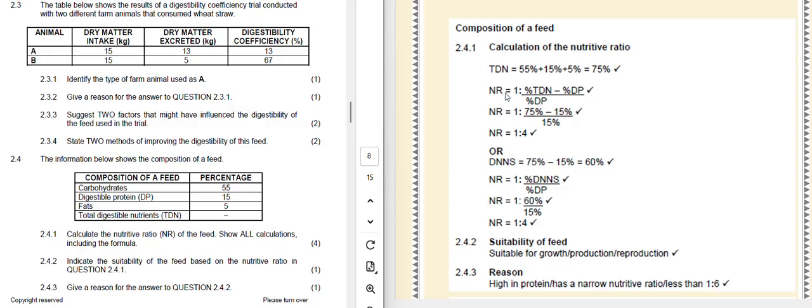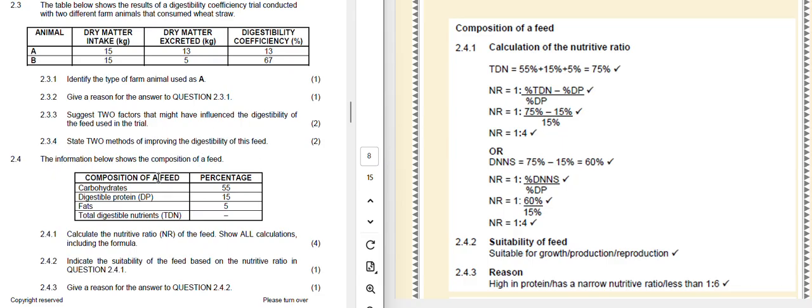Nutritive ratio is equal to 1 is to TDN minus DP all over DP. The nutritive ratio is equal to 1 is to 75, which is our TDN, 75% minus DP.